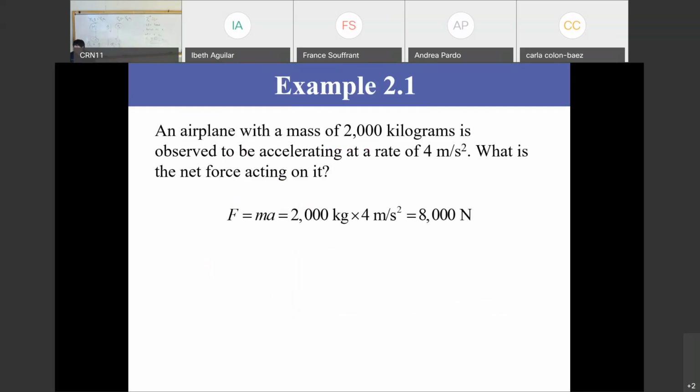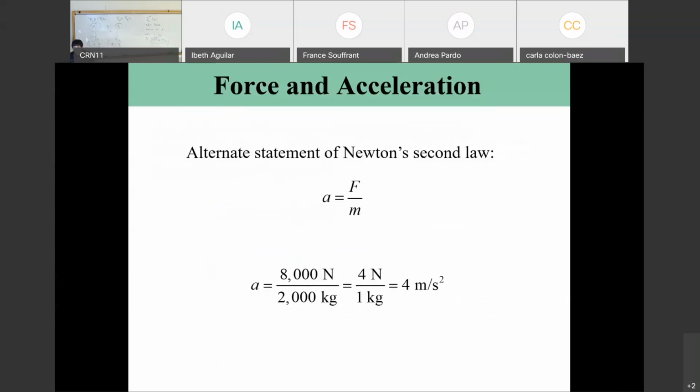And this is where we start using the equations, right? They give you an airplane of 2,000 kilograms, observed to be accelerating at 4 meters per second squared. What's the net force acting on it? Mass times acceleration, 8,000 newtons, right? That's an alternate statement for Newton's second law.